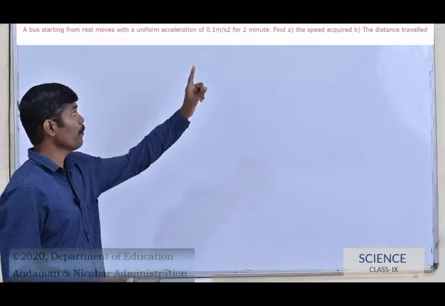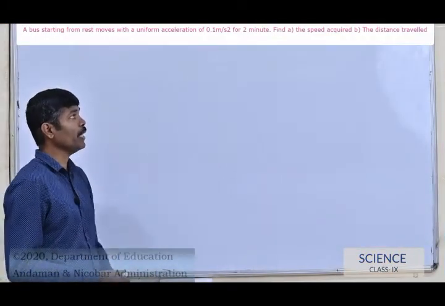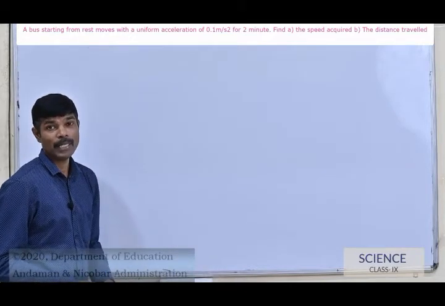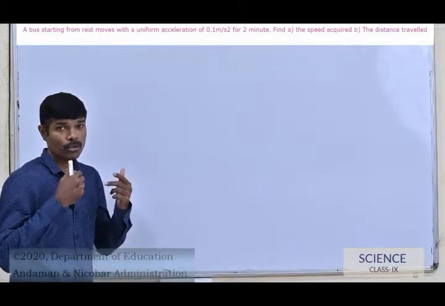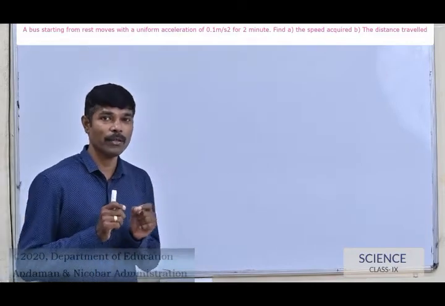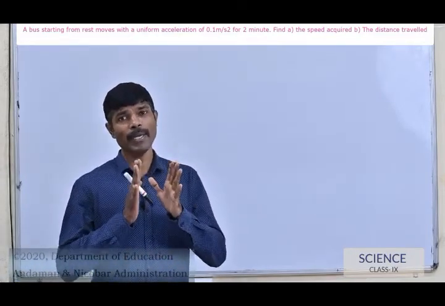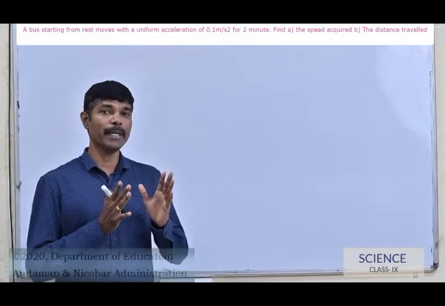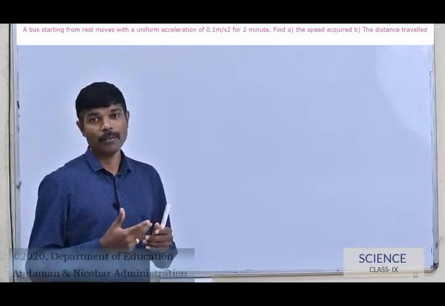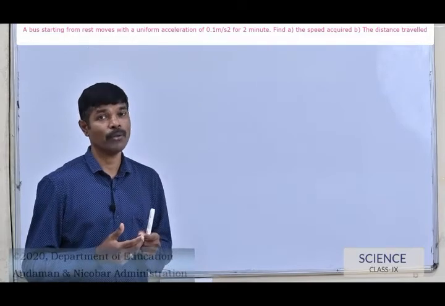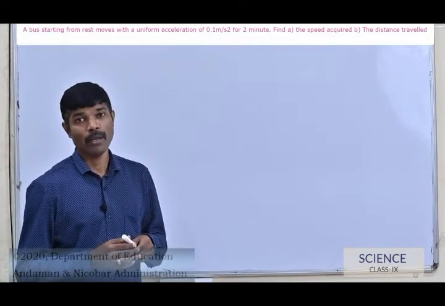To solve this, first we need to understand the question, and whatever quantities are given have to be written first. After that we decide which formula we are going to use to solve the question.